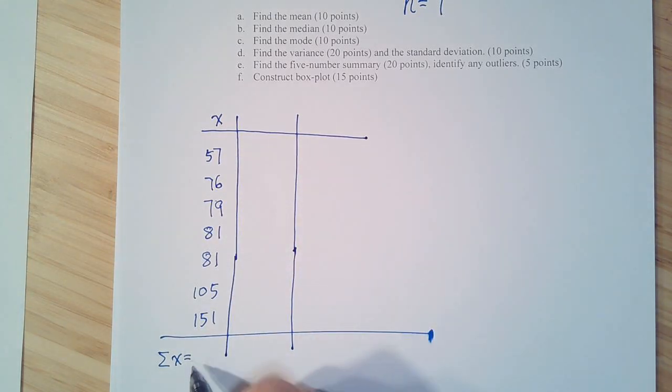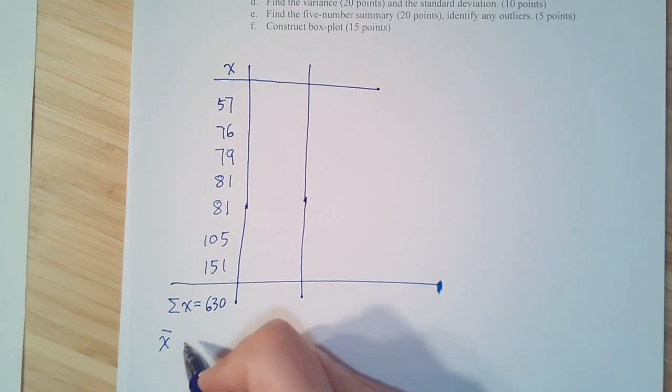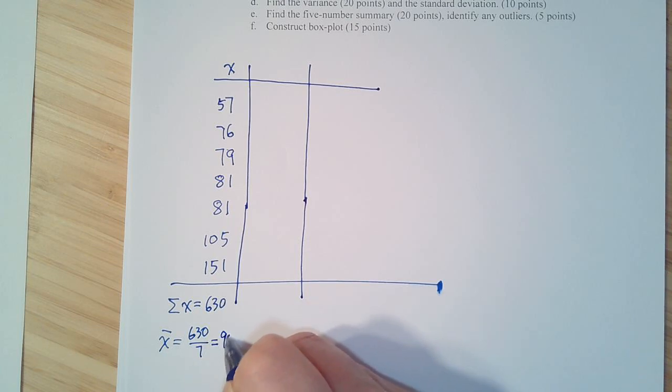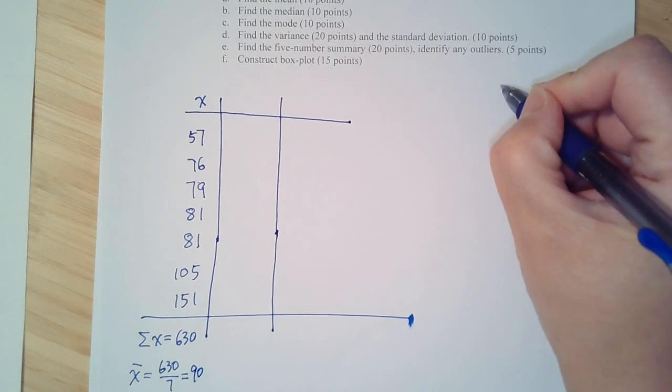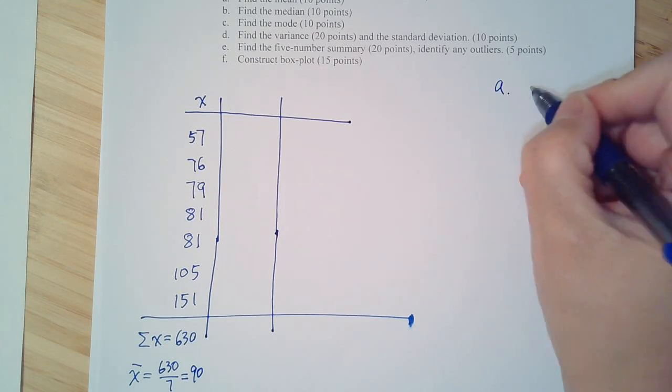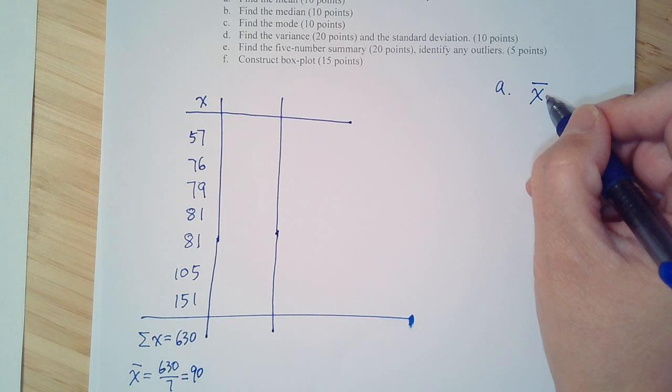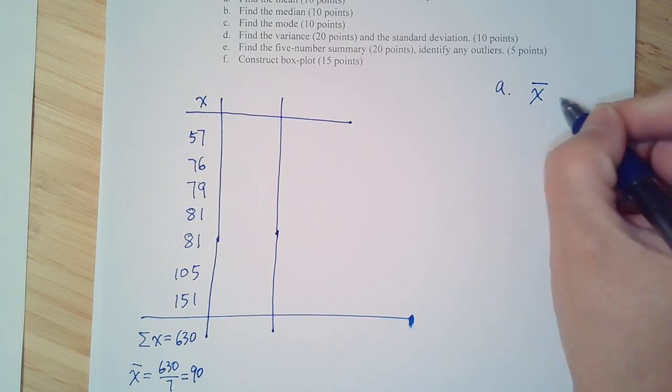So the mean x bar will be 630 divided by 7, and that will be 90. For part A, I ask you to write the right notation too. Not just the answer 90, but I also want to see x bar equals 90.